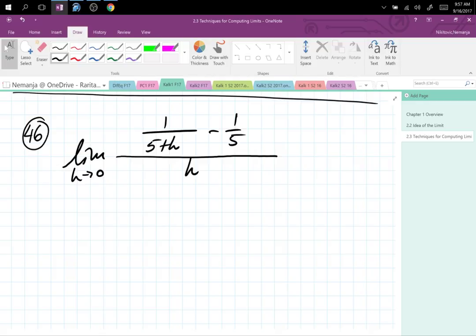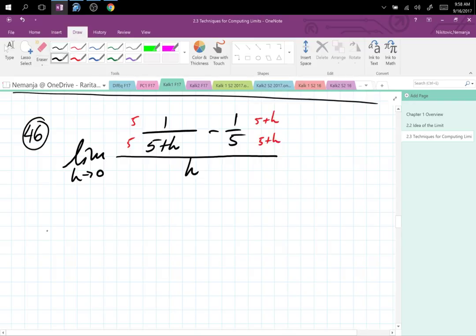That's the one. When you're looking at this problem, the only thing you can do is work on the two fractions in the numerator and combine them. That means common denominator. What is the common denominator? 5 times 5 plus h. So the one on the left needs to be multiplied by 5. The one on the right needs to be multiplied by 5 plus h.